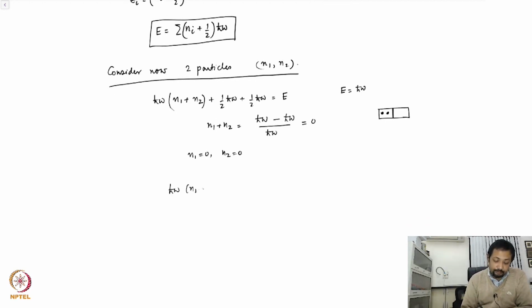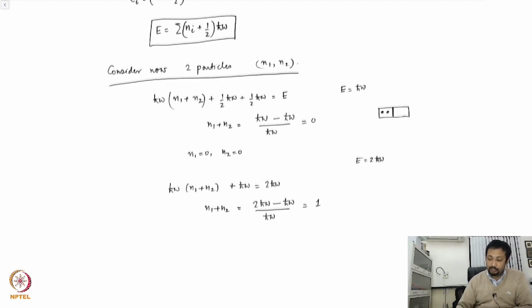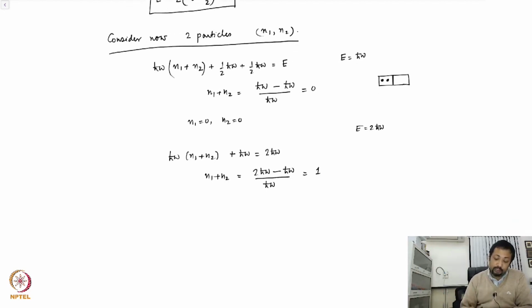If you have n1 plus n2 plus h bar omega, if you set E is equal to 2h bar omega, then this essentially means that you have twice h bar omega, and n1 plus n2 is 2h bar omega minus h bar omega divided by h bar omega, that is 1. So effectively now you have to figure out the combination of n1 and n2 which will give you this total energy 2h bar omega.